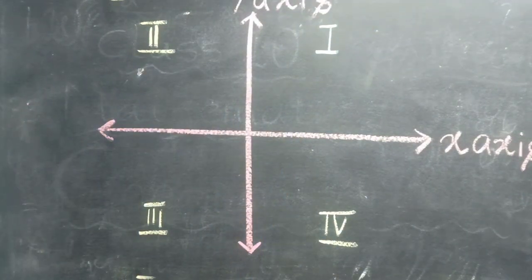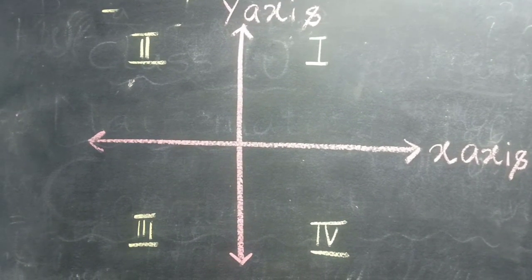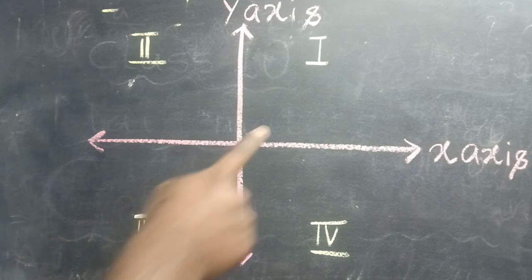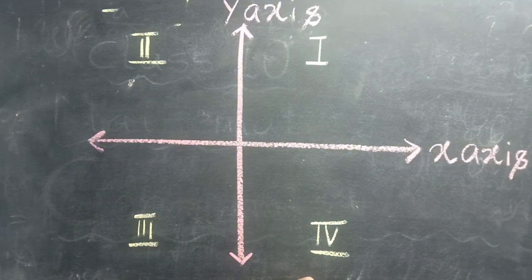We have 2 coordinate axes, the x-axis and the y-axis. The 2 axes divide the plane into 4 quadrants, that is, first, second, third and fourth.